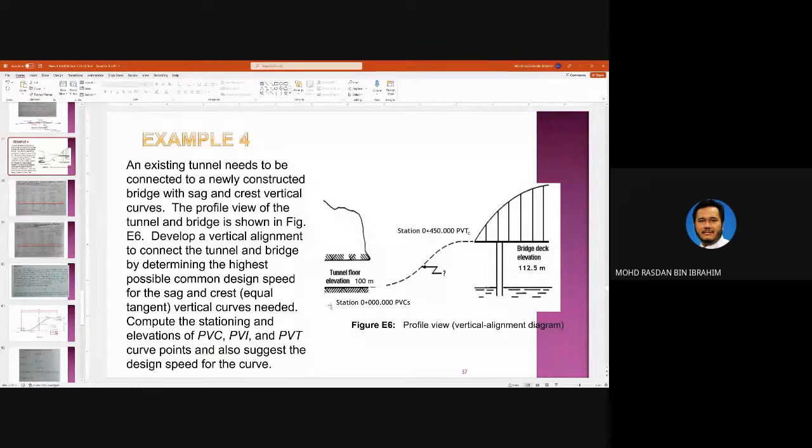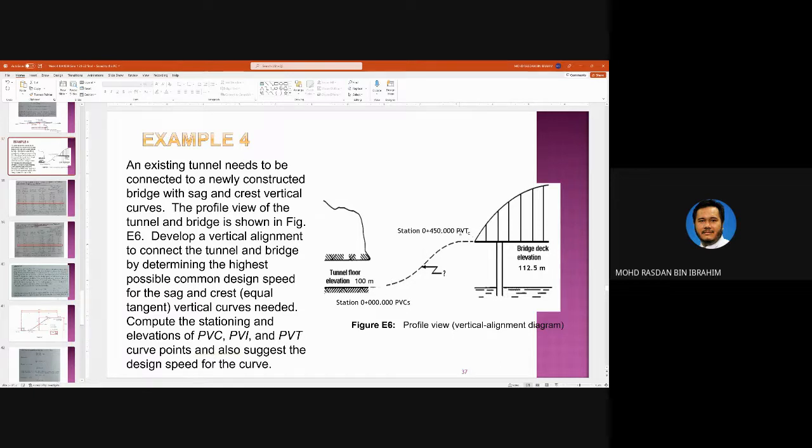So you are given the stationing of PVC as station 0. Stationing of the PVT is chainage 450 meters. Okay, so please note that this is PVC of the sag, the starting point of the sag curve.